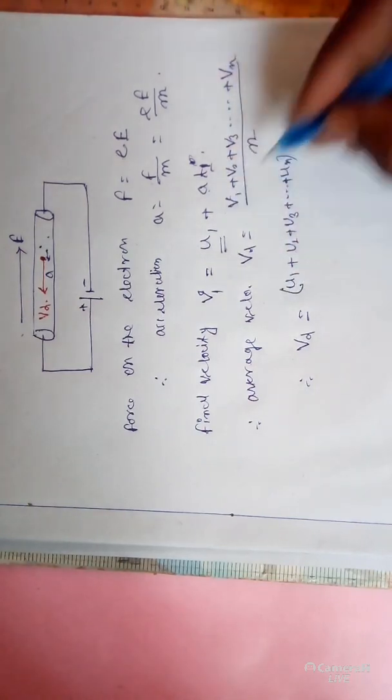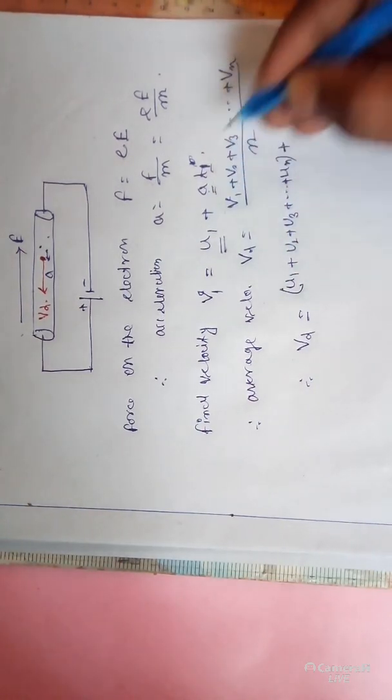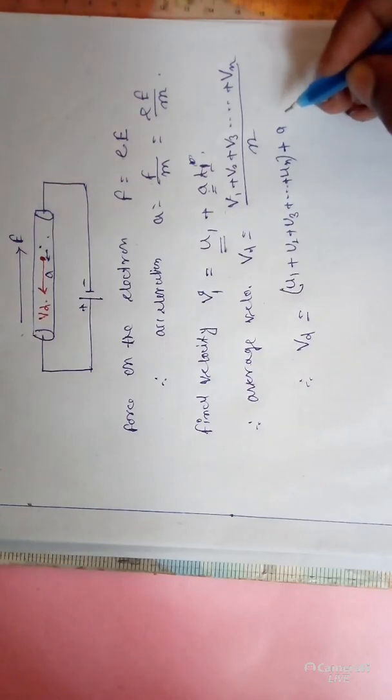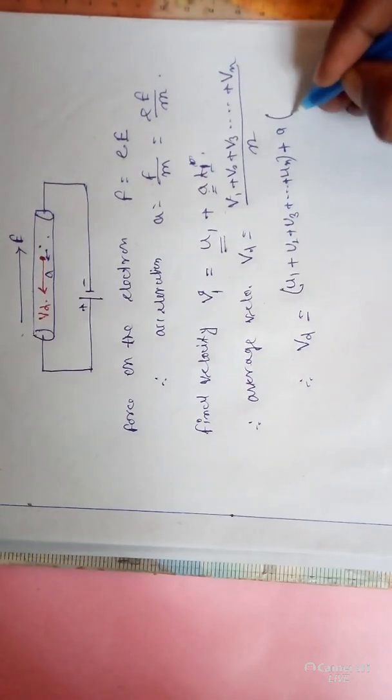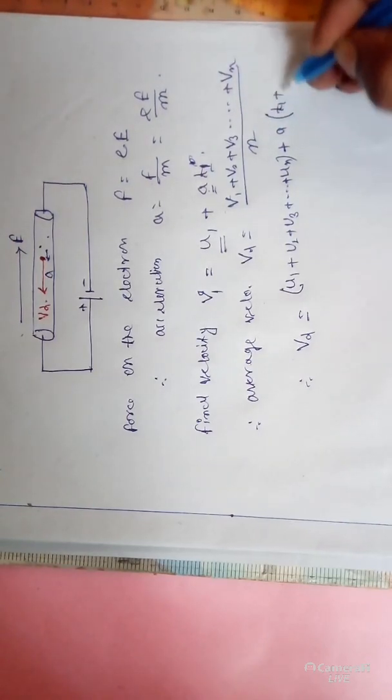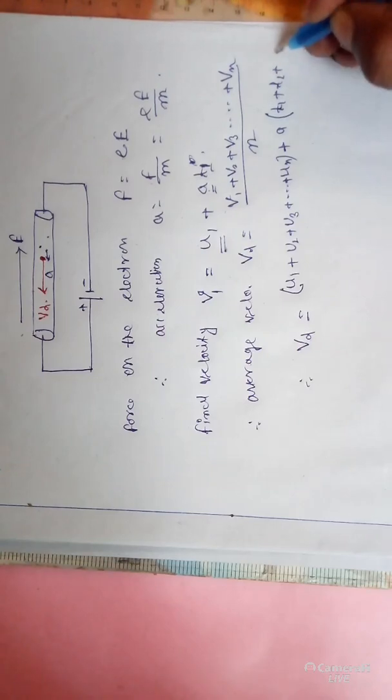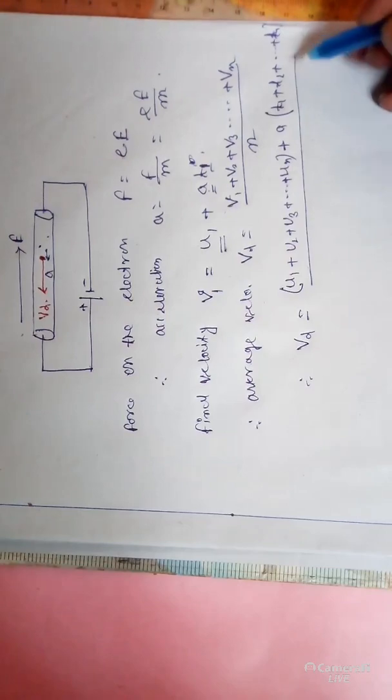This is the first term. From the second term, a will be common, and you have to take a into t1 plus t2 plus t3 dot dot dot plus tn divided by n.